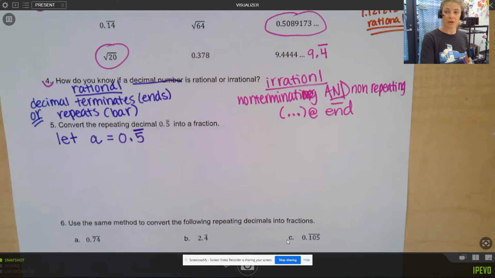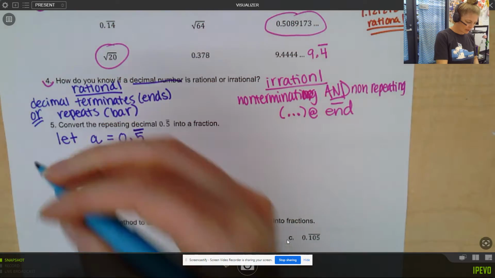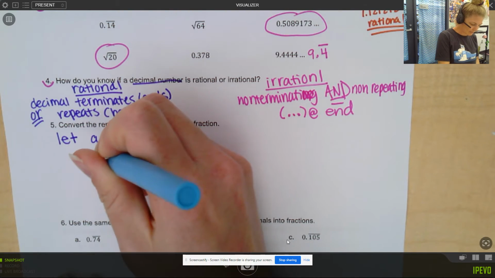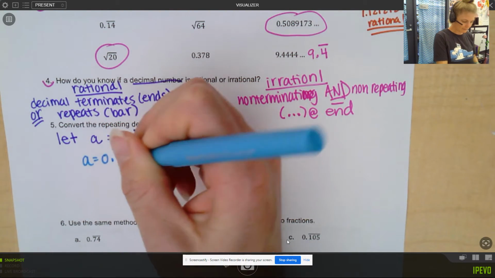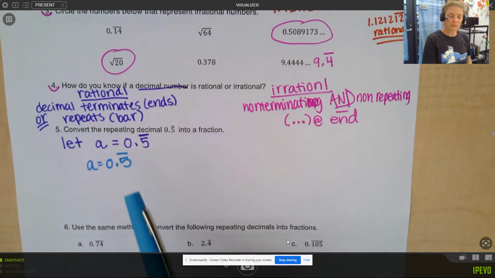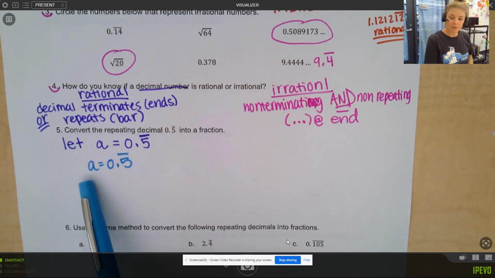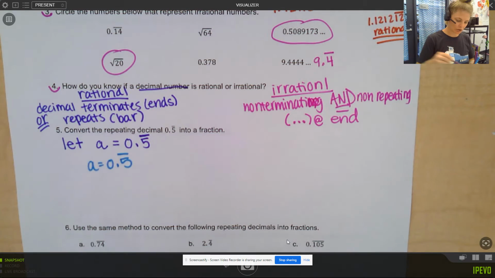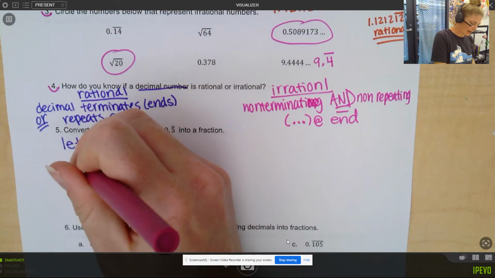Now what we're going to do is chop off the repeating part because that's what we don't like. And when we don't like something, we chop it off. So let's take a look. If we have a is equal to 0.5 repeating, I have an equation where both sides are equal to each other, so I can multiply both sides by 10.